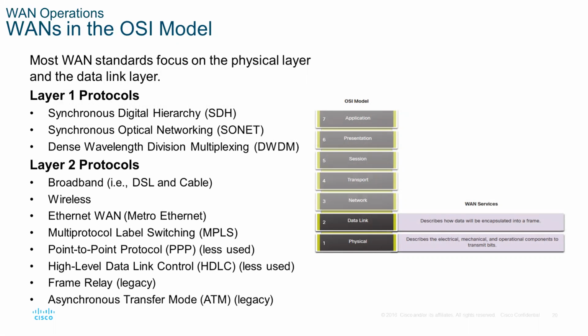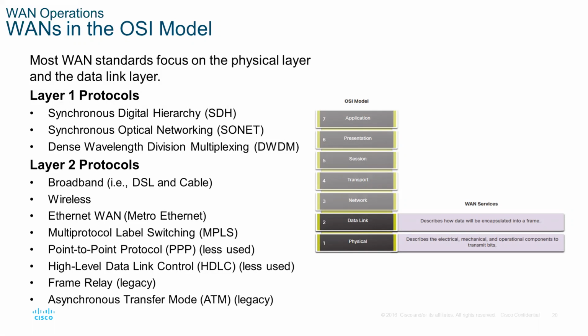And they set up the standards that focus primarily on the physical and data link layers of the OSI model. So they tell us how the medium is going to talk to each other. So these are the protocols of how we actually physically transmit the ones and zeros.